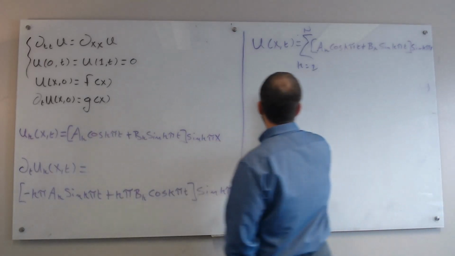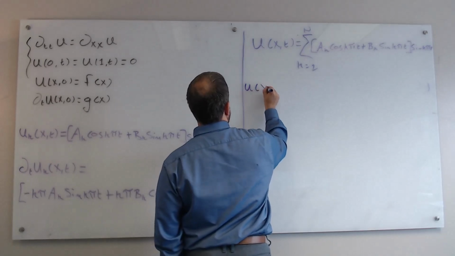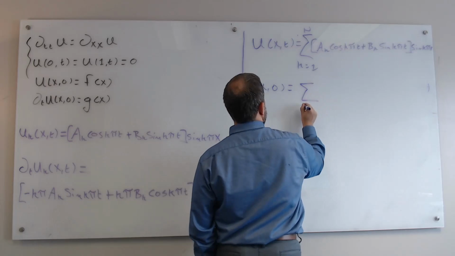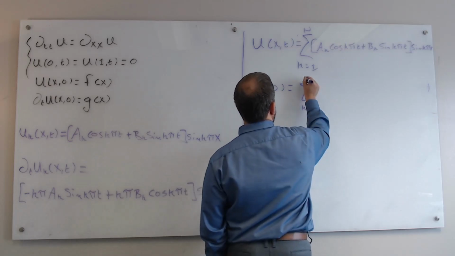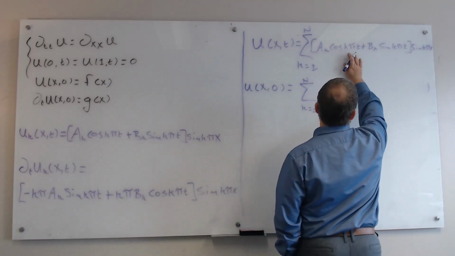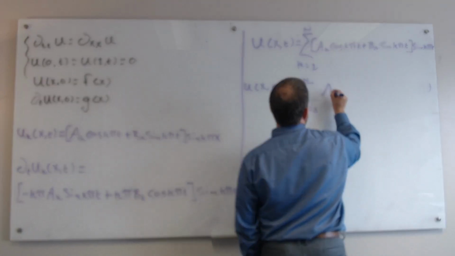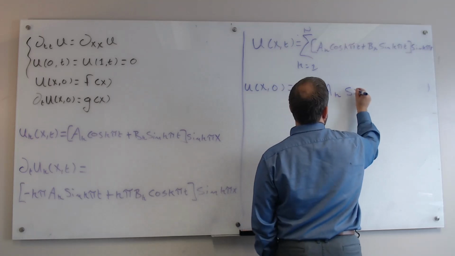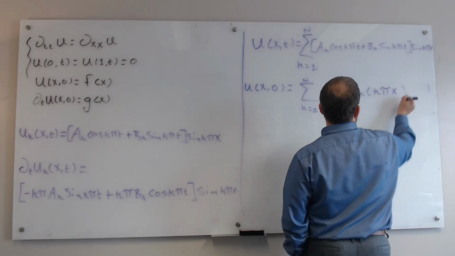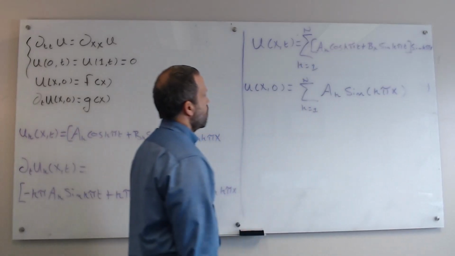Okay, so if you plug in t equals 0, you're going to get the sum k equals 1 to n. The cosine part is 1, the sine is 0, so this is going to be ak sine k pi x. Okay, well this is good.